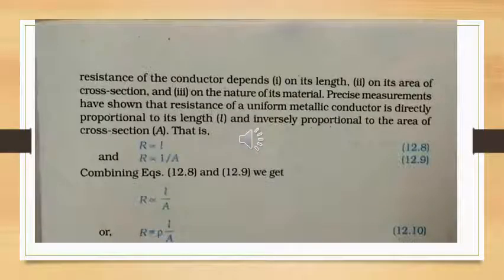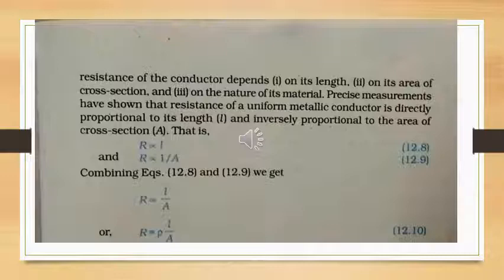From the activity given above and the table, we can say that the resistance of a conductor depends on the length, on its area of cross section, and the nature of the material used in the circuit.